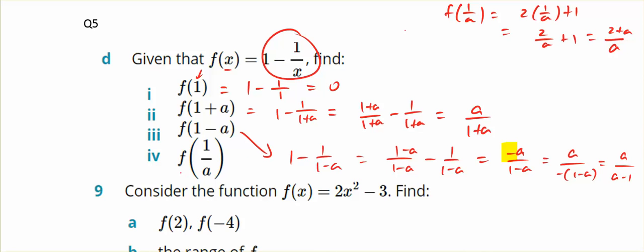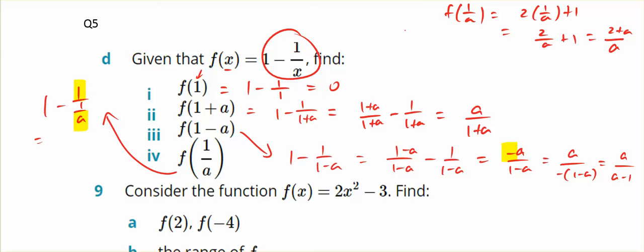For part 4, instead of x we have 1 over a. So we've got 1 minus 1 over a. Oh, hang on, sorry, apologies. We have 1 minus 1, x happens to be 1 over a, so it's 1 on 1 over a. Okay. The trick is, when you're dividing a fraction with a fraction, you can multiply this with the top.